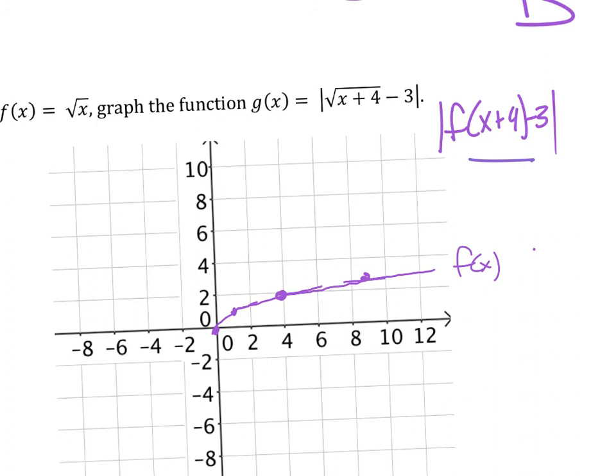My little vertex at 0, 0, I'm going to move to -4, -3: left 4 on the x-axis and down 3 on the y-axis. So there's my starting point. Then it's going to go over 1, up 1, over 4, up 2, over 9, up 3. I've got the corresponding points plotted, and then I can connect them together the same way.